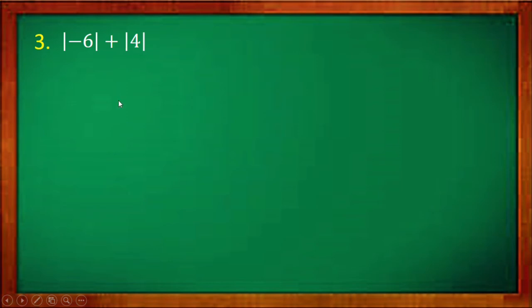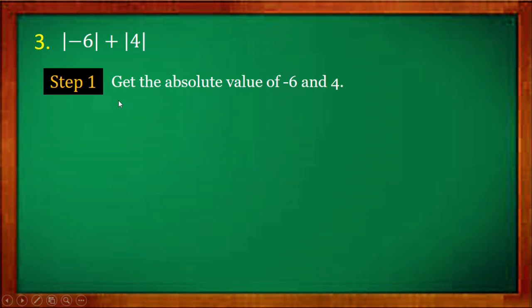Step 1 is get the absolute values of negative 6 and positive 4. The absolute value of negative 6, we all know, is just equal to positive 6. And absolute value of positive 4 is also positive 4.